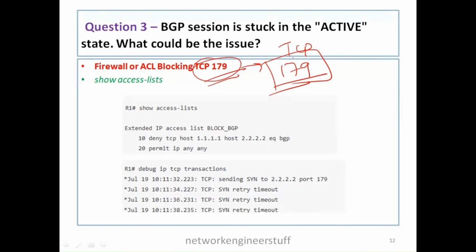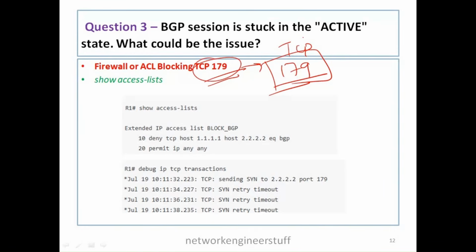Now, let's say for some reason there's a firewall present between those routers, between the BGP speakers, and your neighborship is stuck in active. So you can go and check on the firewall whether there is any rule blocking this particular port number 179. So you have to check it.